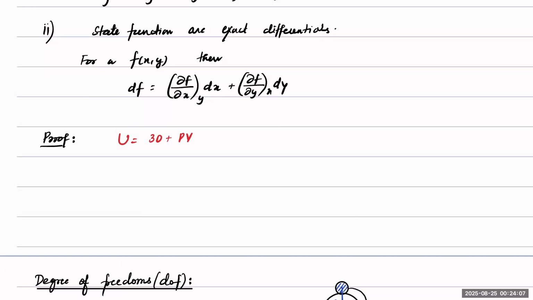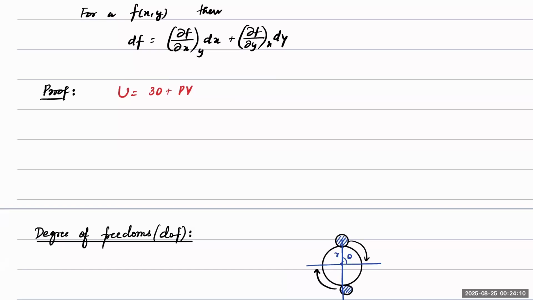Right. So now notice what we can say. Imagine there is a small change in pressure and volume. Then what would happen? Obviously if pressure and volume are changing, definitely U will also change. But 30 looks to be a constant value, so that will not change. But d of PV, this is what will happen.